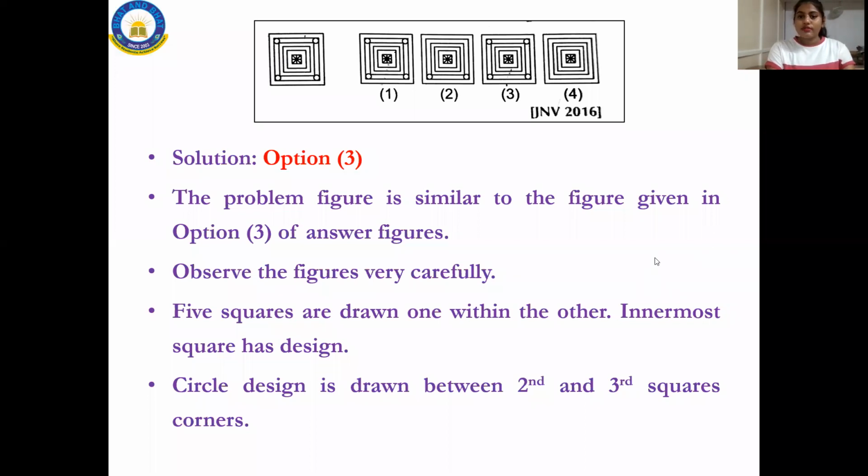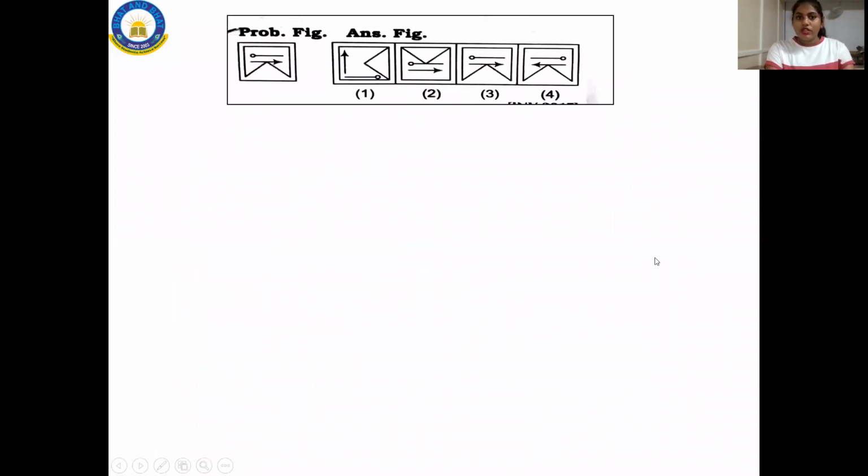Let us move to the next one now. Guys, let me know the answer for this now. That is option 3. See why? Because the pin is moving from left to right and the arrow is moving from left to right too.